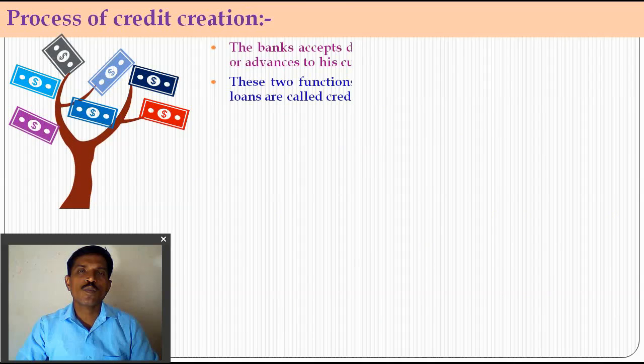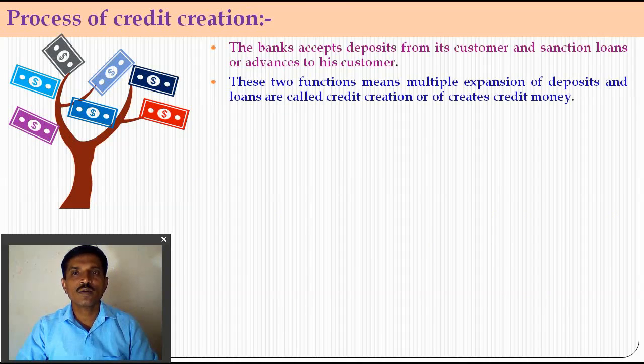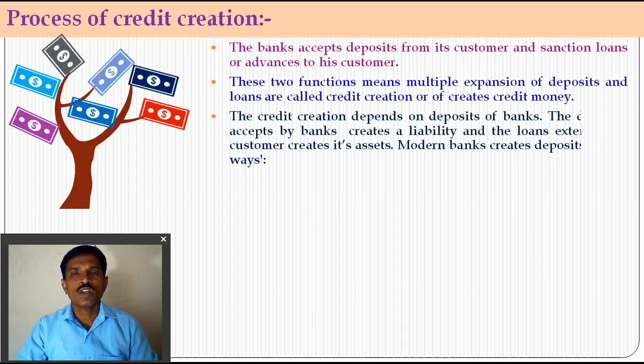So we look here at the process of credit creation, how they create money through their functions. The bank accepts deposits from their customers and sanctions loans and advances to their customers. These two functions, the multiple expansion of deposits and loans, are called credit creation or creating credit money. The credit creation depends upon the deposits of the bank.